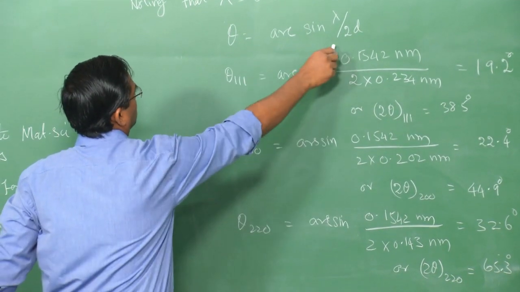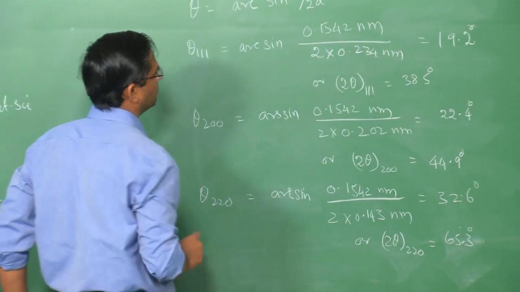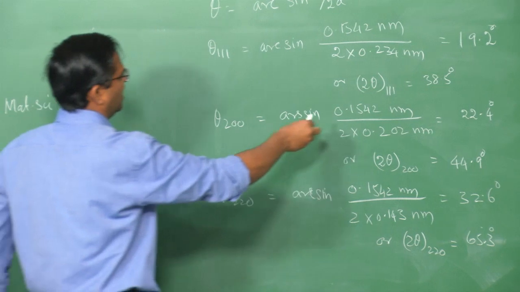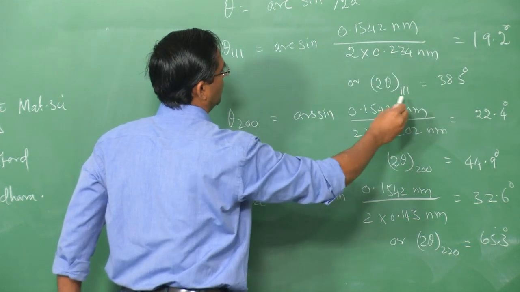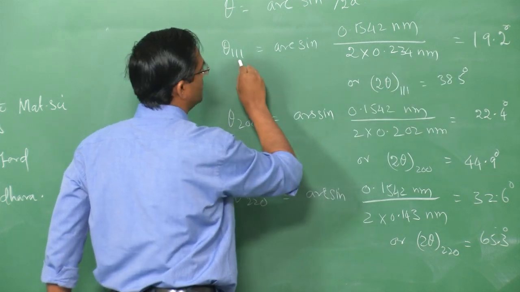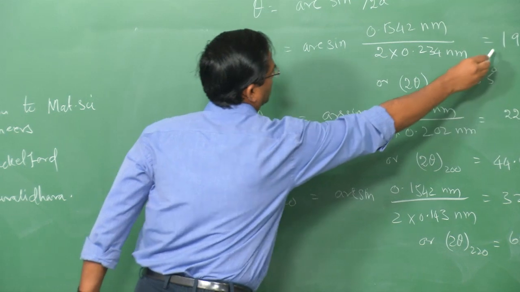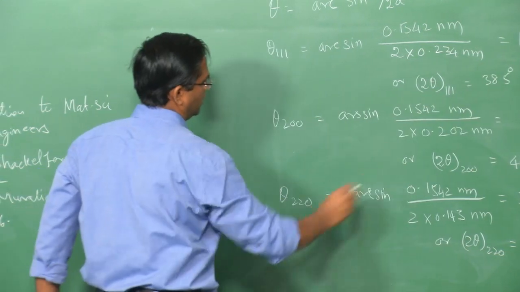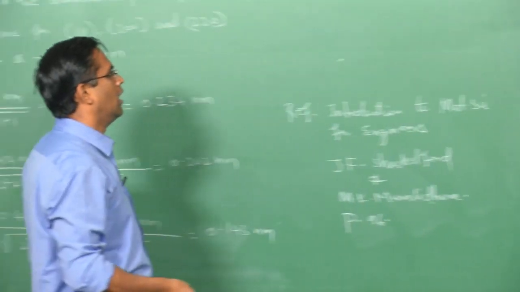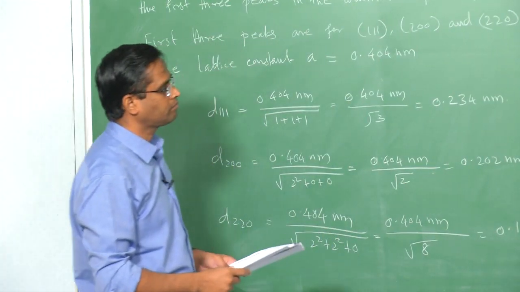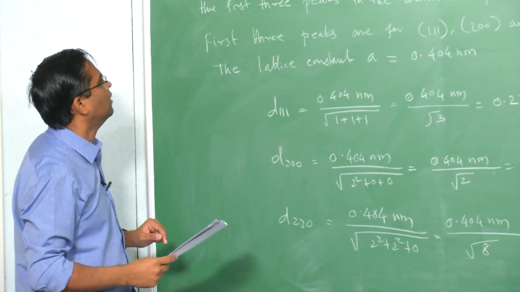And then once you know this, we will simply substitute this in the corresponding d values, and you get basically a theta, but what we are asking for is 2 theta. So, it is multiplied by 2 in each case. So, this is for the first 3 reflections, and that is how this has been done.